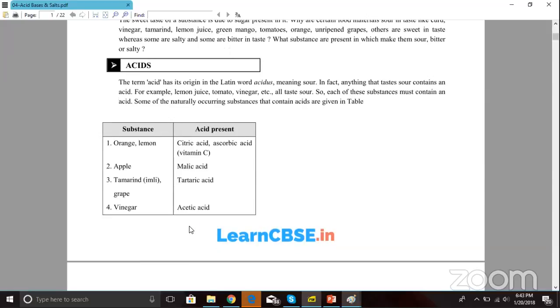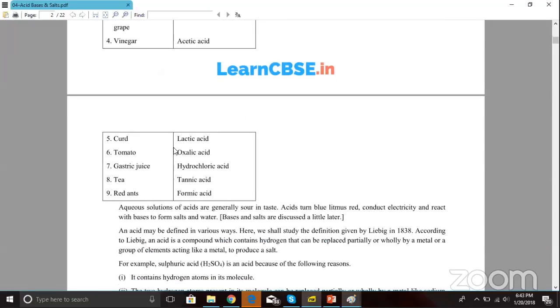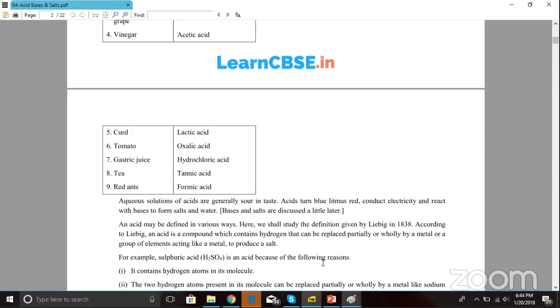Vinegar contains acetic acid, curd contains lactic acid, tomato contains oxalic acid. The gastric juice present in our body contains hydrochloric acid, HCl. Tea contains tannic acid, and red ants contain formic acid. So all acids are generally sour in taste.